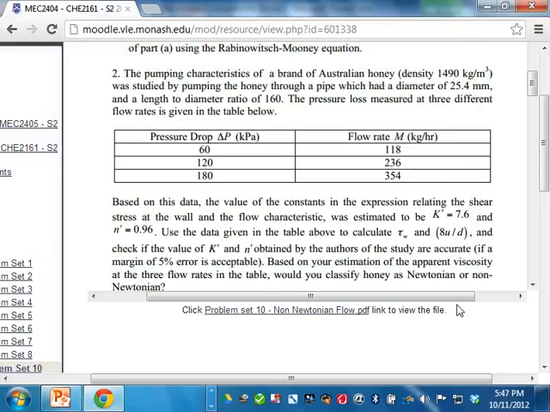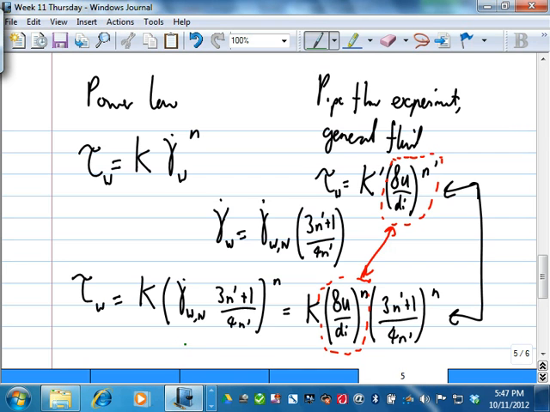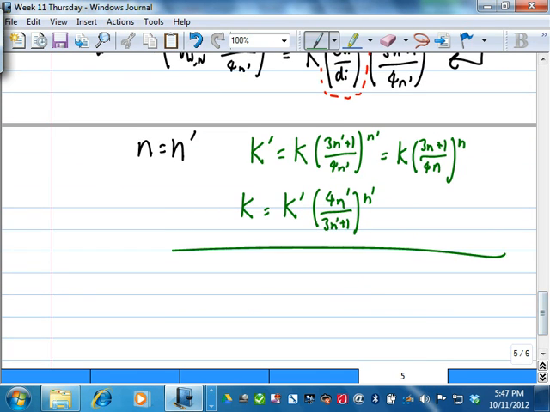Alright, so the pumping characteristic of a brand of Australian honey, density 1490, was tested by pumping honey through a pipe of diameter 25.4 and length to diameter ratio of 160. The pressure loss was measured at 3 different flow rates, given as follows. So, question 2.